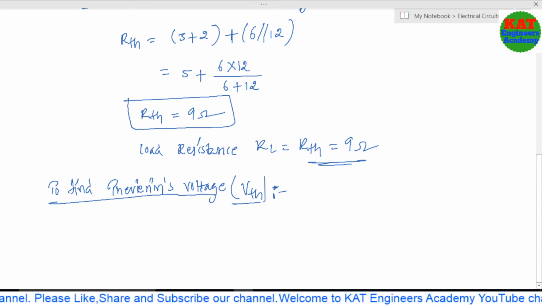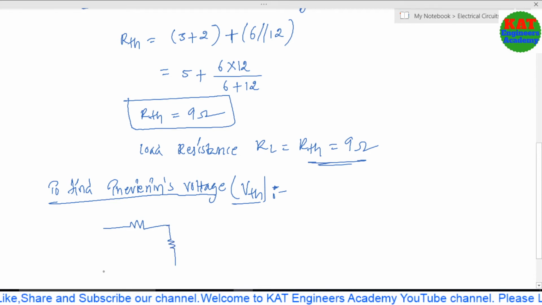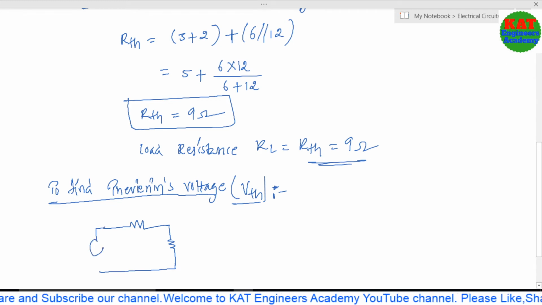So first we have one resistor, next this is one more resistor, next here we have one source.